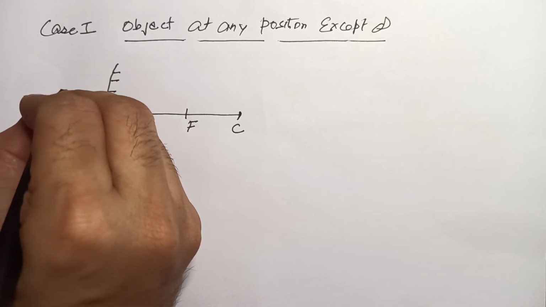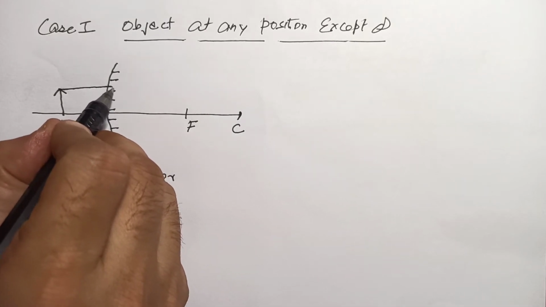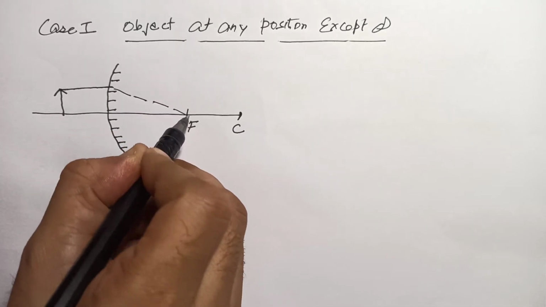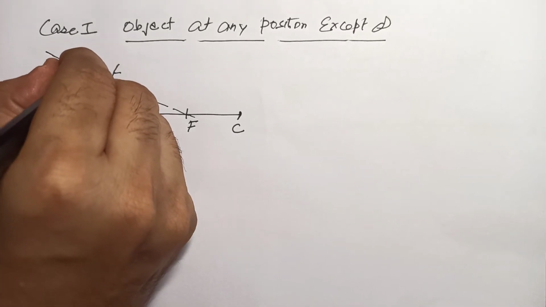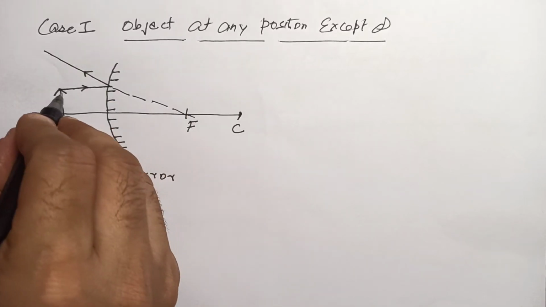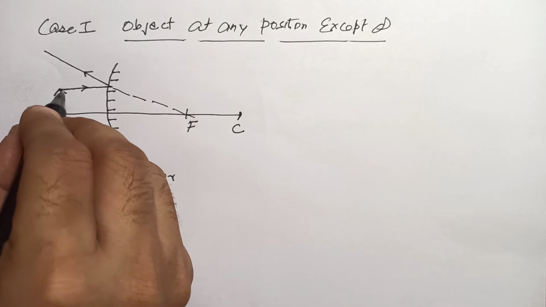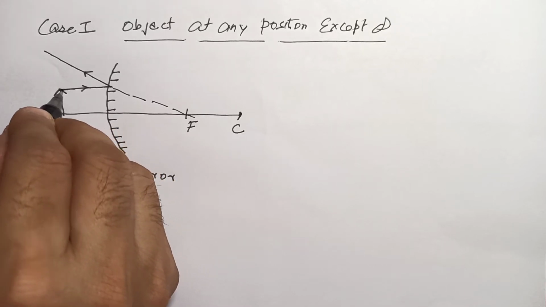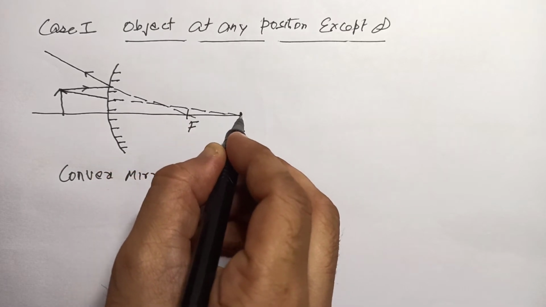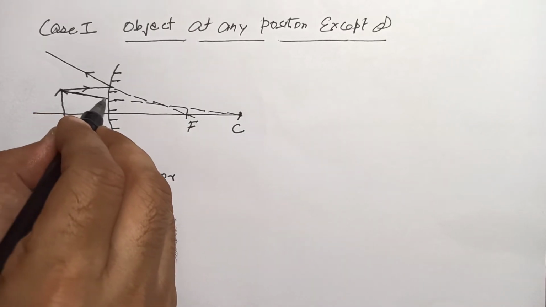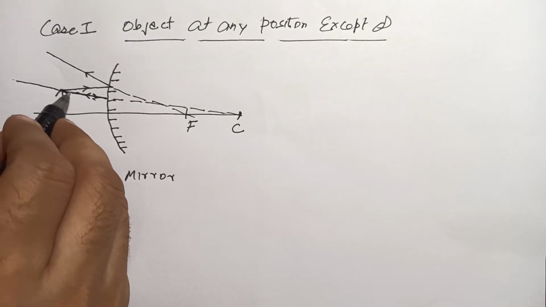Now here, one ray is going this side, and it has a tendency to go towards F. The second ray will move towards C, and then it will come out the same way.